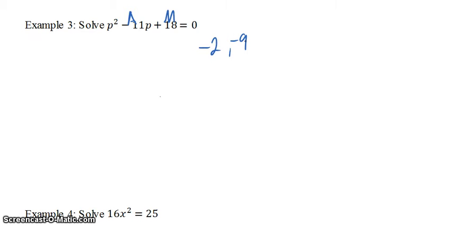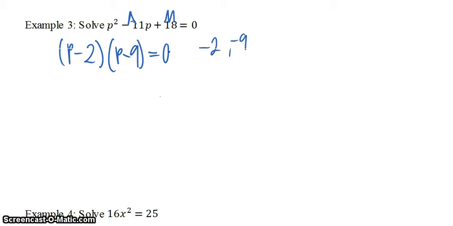So, since this is the add-multiply, we're just going to write it as p minus 2, p minus 9. So we just factored out the left side, but it's still going to equal 0, it didn't change the problem.